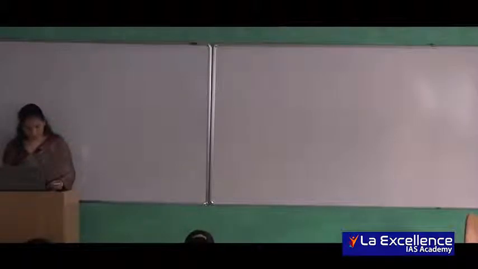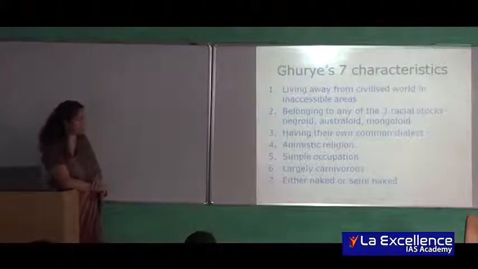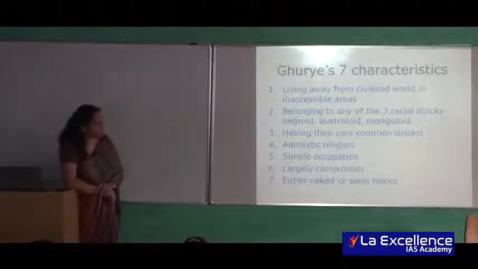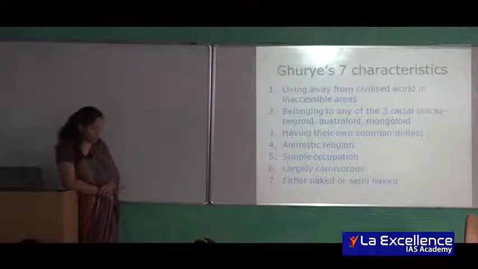And then we said actually, Ghurye was listing those criteria. Geographical isolation, racial affinity, those were some of the things we said. Last two were highly criticized, and number 4 also.